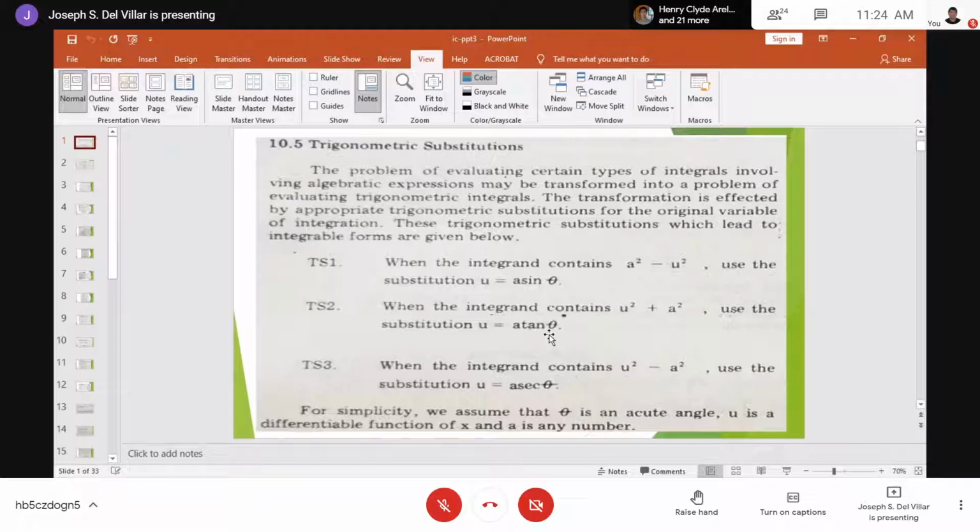So magdodraw kayo ng right triangle. The opposite is 2x plus 3 and the adjacent is 4, no? So that this is the square root of 16 plus 2x plus 3 squared. Okay?